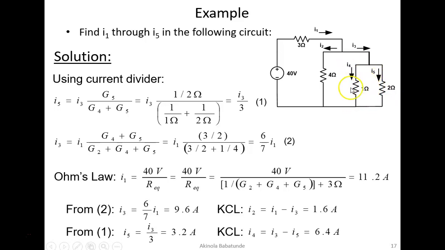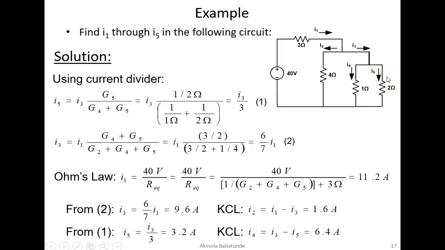You can see we have R4 and then R5. Then we have I4 and then I5. Then we have I3 that is coming in. So I3 that is coming in will act as the source current for this particular small circuit, this sub-circuit in the entire circuit. Hence, if you're looking for I5, it will be I5 equal to the source current, which is I3, multiplied by R parallel divided by R5.